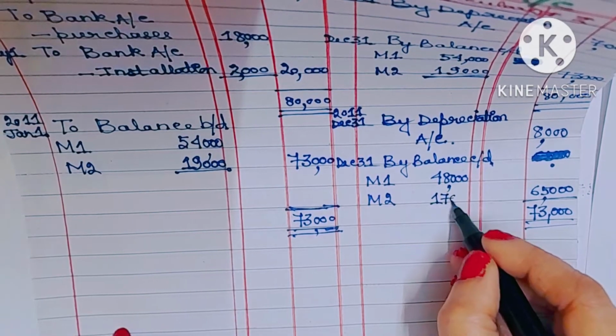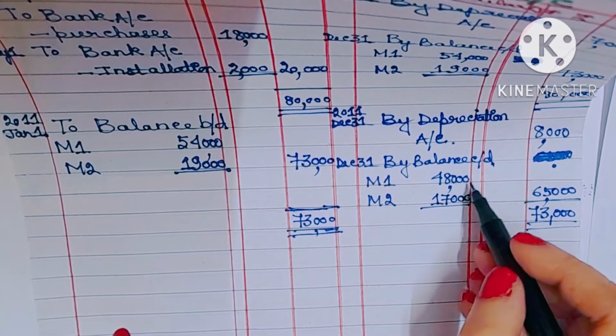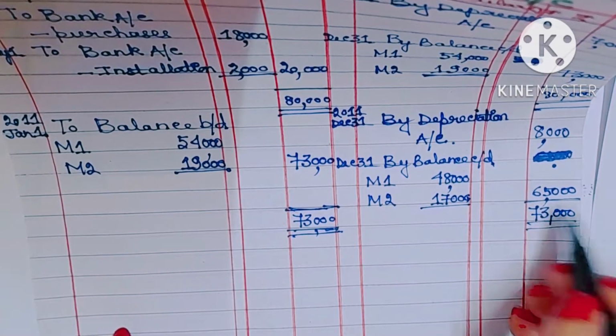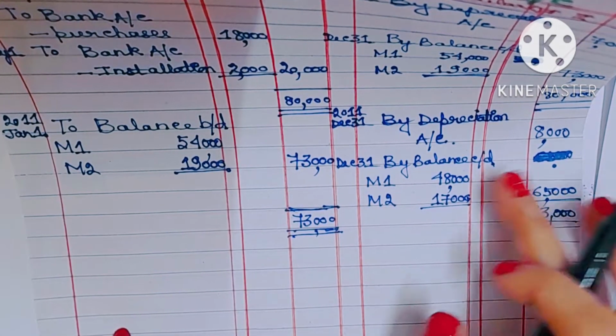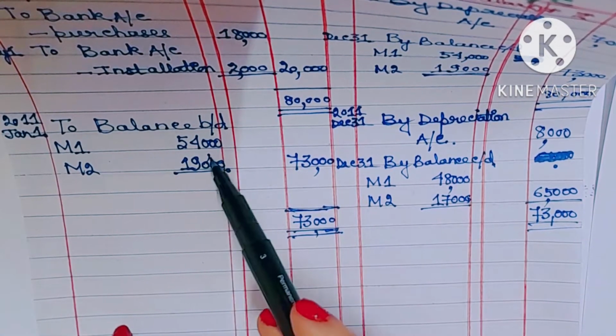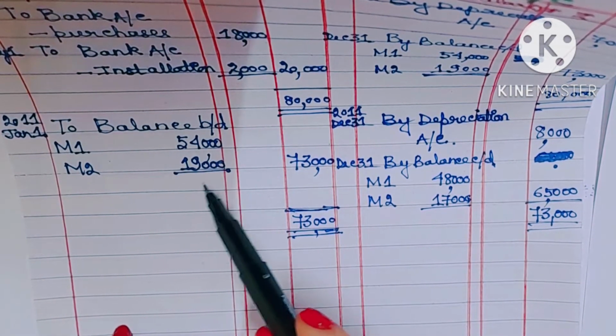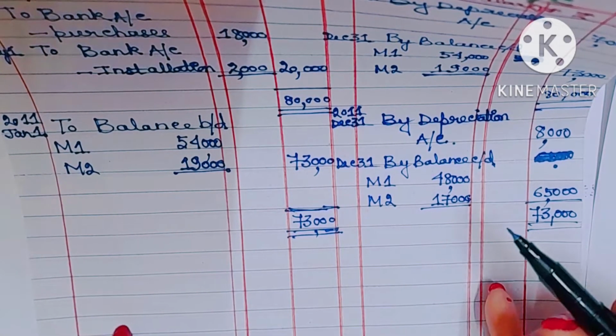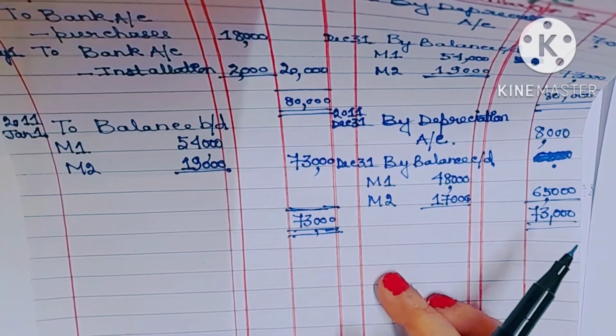Now if you add up these two, 48,000 plus 17,000 gives 65,000. This is the balancing figure. That is the reason we are writing M1 54,000, M2 19,000, so that it will be easy to make you understand. Understood?